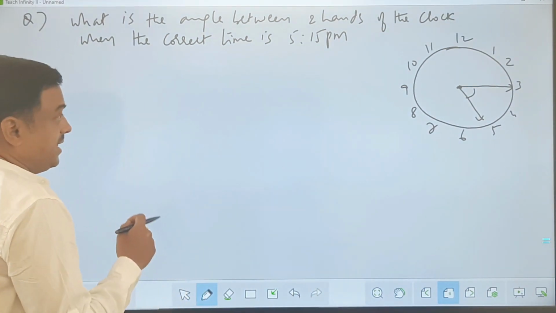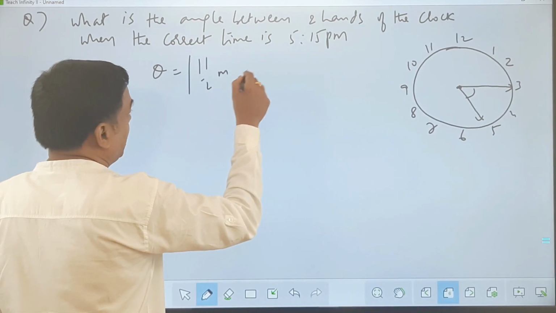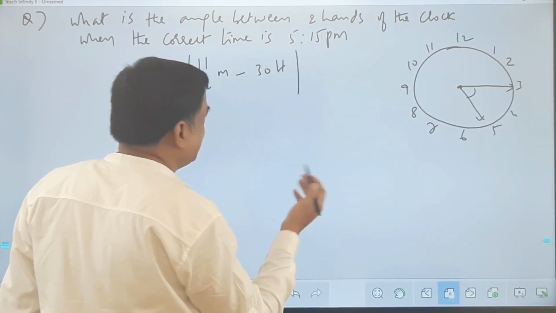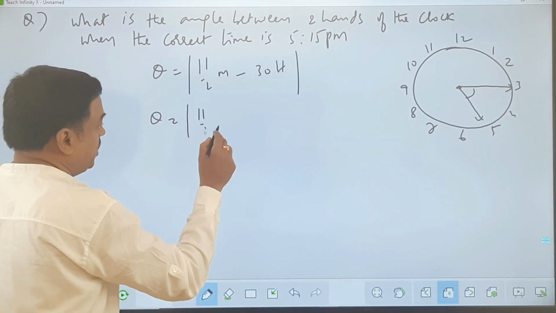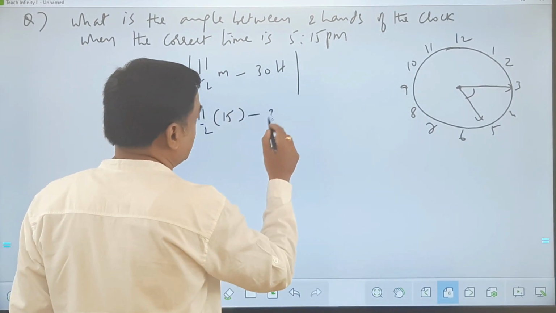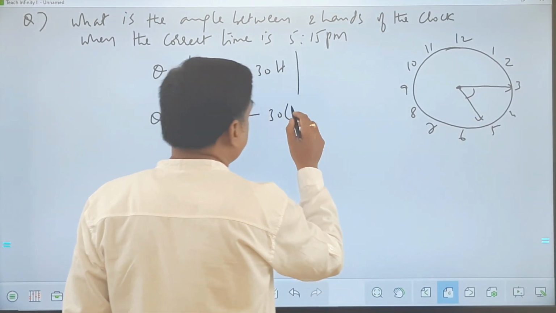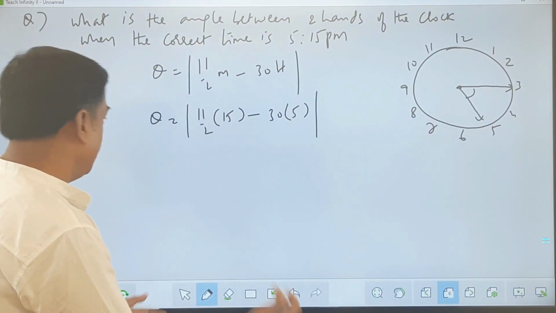So for that, you can directly use the formula here. This is 11 by 2 m minus 30h. The formula is easy to use. The angle is what I want. 11 by 2, the minutes hand is at 15. So I'll multiply 15 here, minus 30 into h. The hours hand is past 5, it is always called as past some value. I'll multiply with 5.